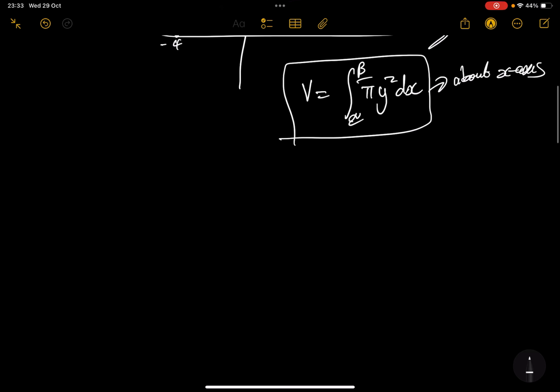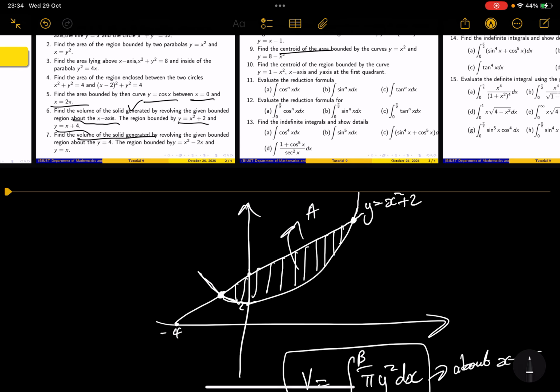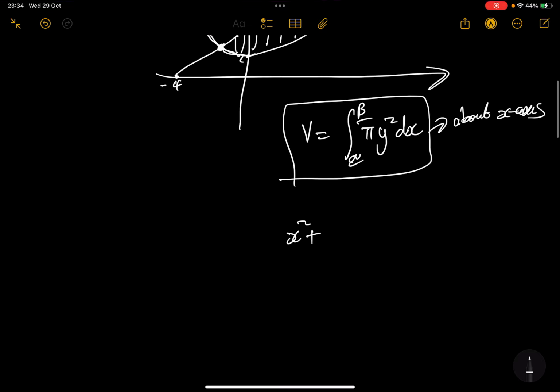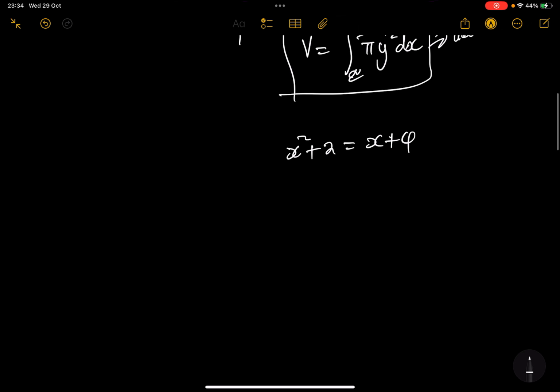So we are going to have x squared plus 2 is equal to x plus 4. So you get x squared minus x minus 2 is equal to 0.